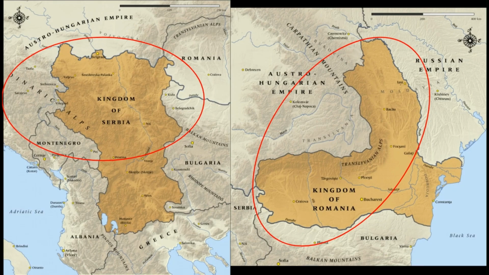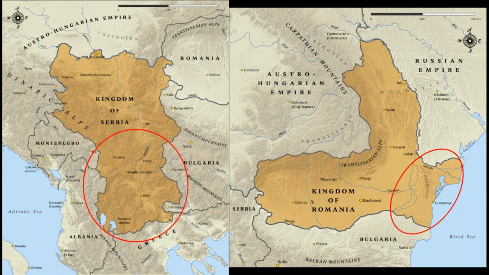As we will see with Bulgaria, this Romania had no coastline. Bulgaria took that coastline, as we just mentioned, as well as annexing southern Serbia, as well as Montenegro.